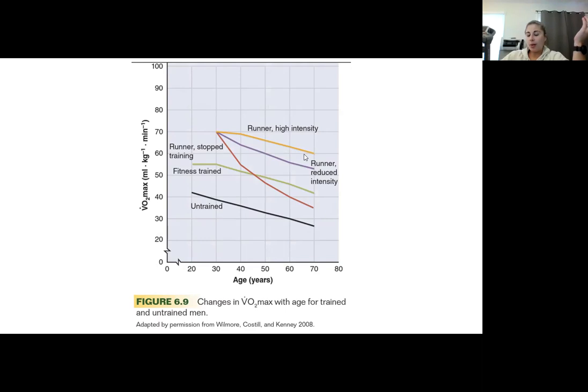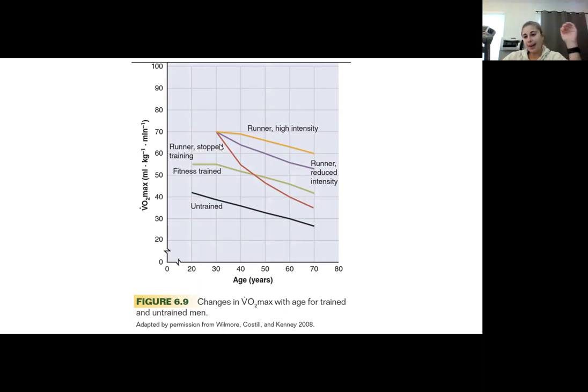Let's say we had a runner now who, again, started at the same level and they reduced their intensity over time as they aged. We're going to see a decrease, not that bad, only to about like 50 here, just above 50. That's still pretty good VO2, especially when you're 70, right? There's some people who in their 20s will not reach a VO2 of 50, right? And then we have the runner who just stopped training.